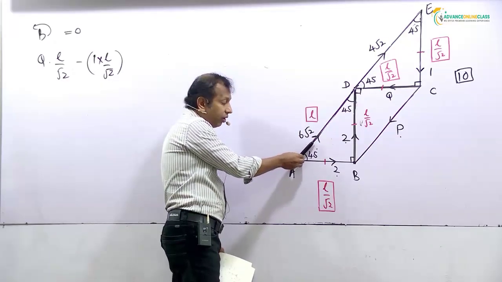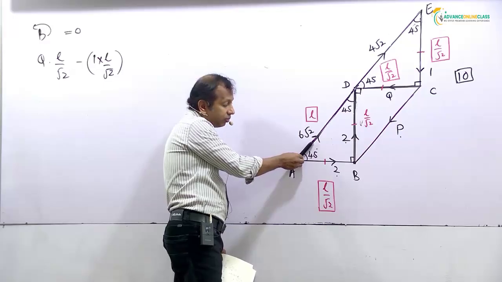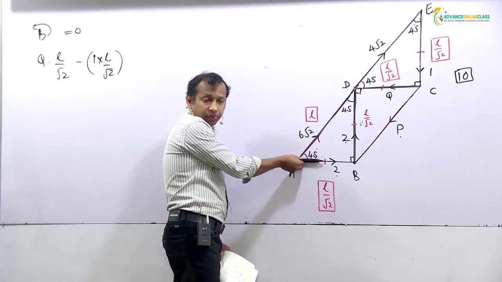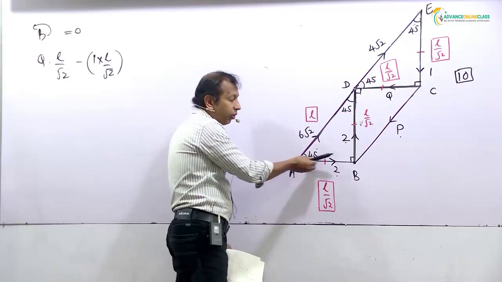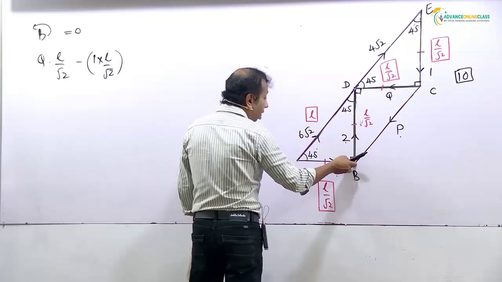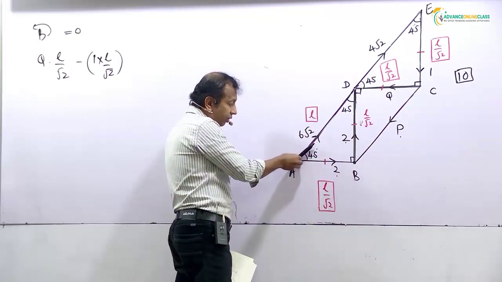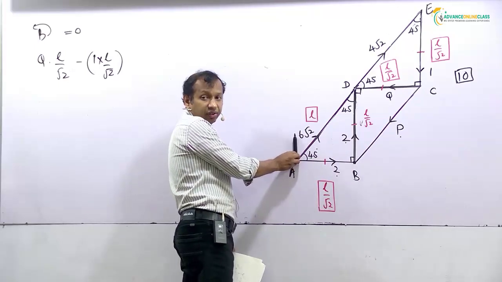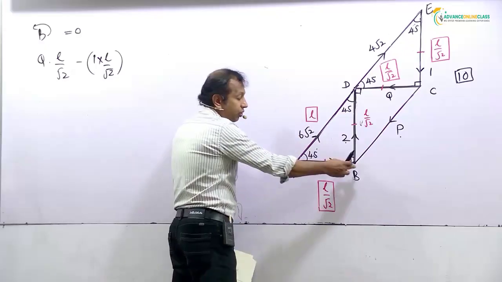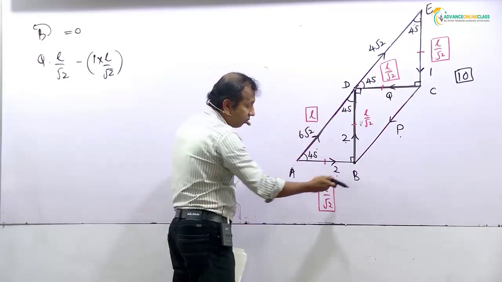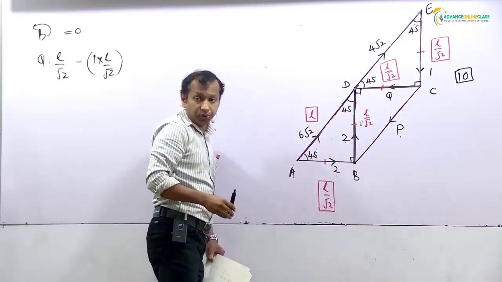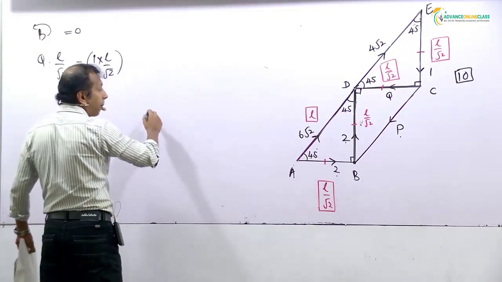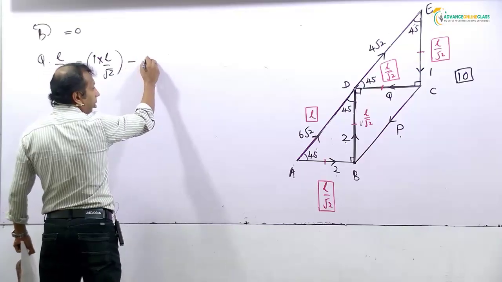Resolve this 10 root 2 into 2 components. 10 root 2 cos 45 passes through the point B, no moment. 10 root 2 sin 45 gives around B clockwise moment. Perpendicular distance is L over root 2. Then we get minus sign coming.